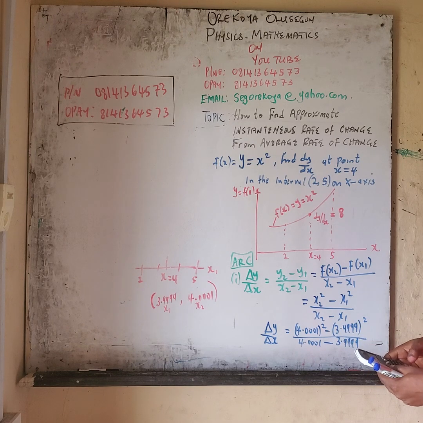So I will press 4.0001 squared minus 3.9999 squared, then divided by 4.0001 minus 3.9999. So what I have here is actually 8.